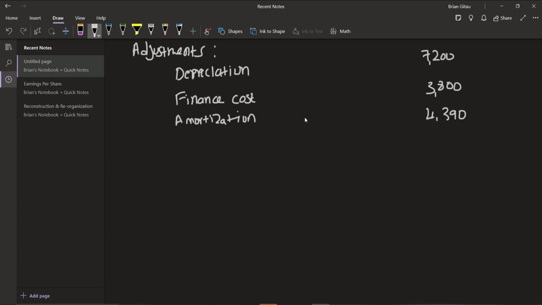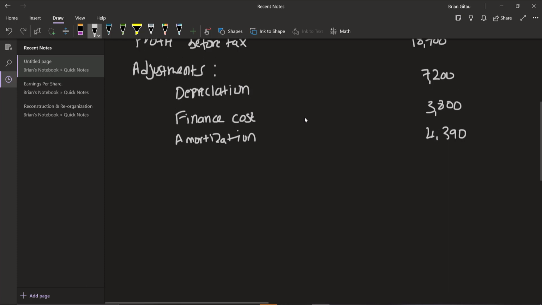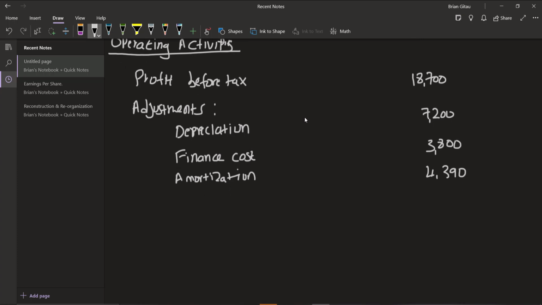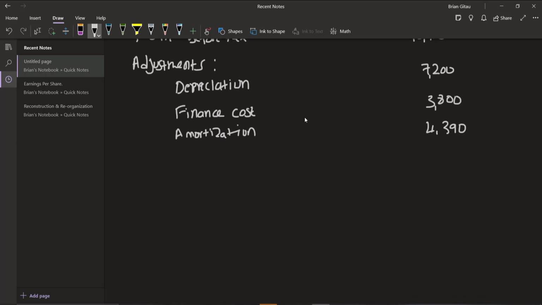So I don't think there is anything else we have not included as the adjustments. We can now go ahead and bring in the working capital changes.